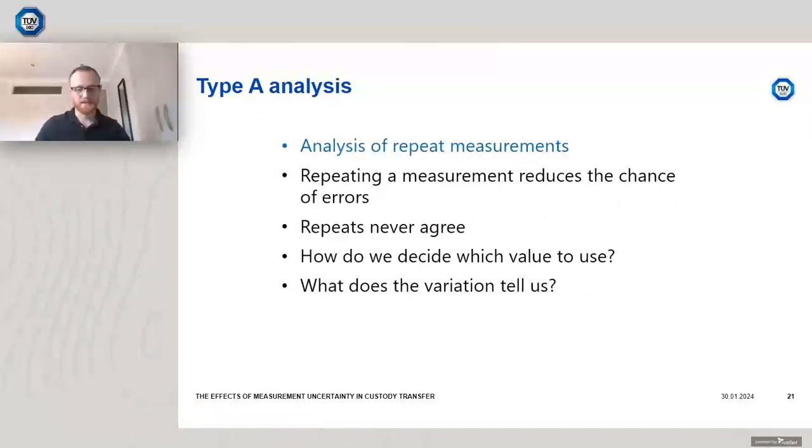So type A analysis, essentially, is analysis of repeat measurements. If you repeat a measurement, it reduces the chance of an error. The repeats never tend to agree. From there, how do you decide which value to use when you've got a lot of data from different repeats? And then what does that variation from each measurement tell us, essentially?